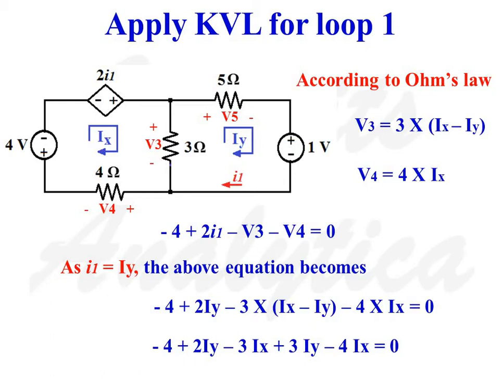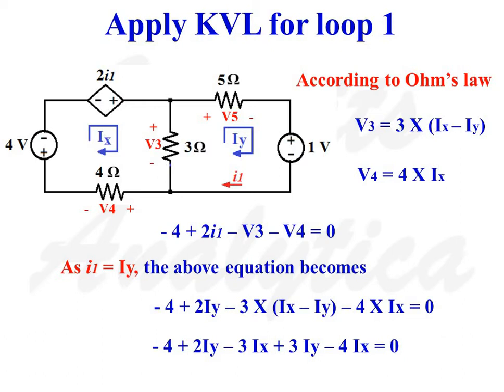Moving in the clockwise direction, considering the 4 volt source, as we are moving from positive potential to negative potential, minus 4. When we consider the dependent voltage source of value 2I1, as we move from negative potential to positive potential, that should be taken as positive, plus 2I1.